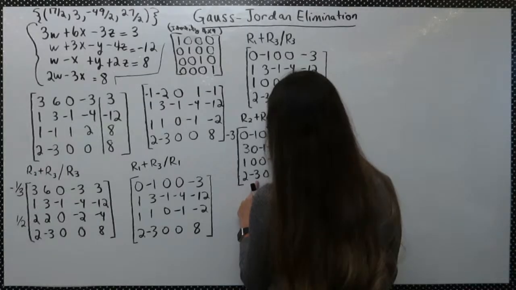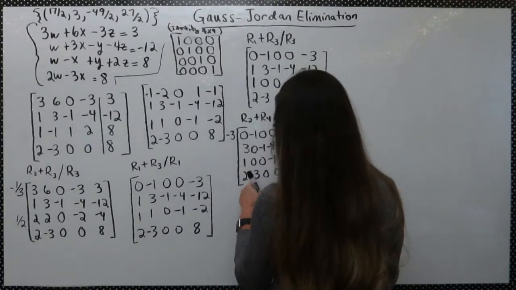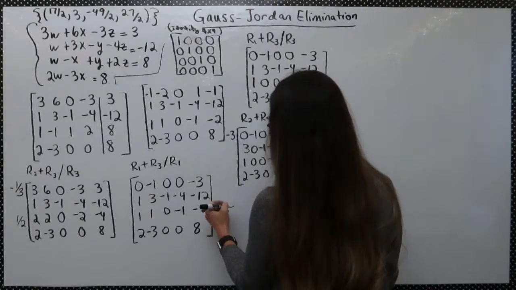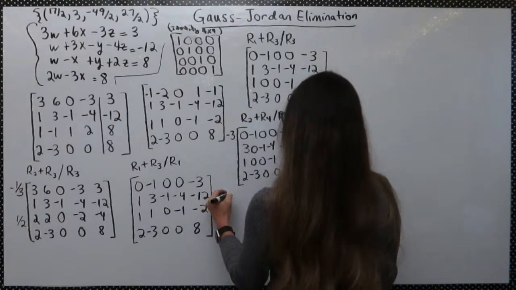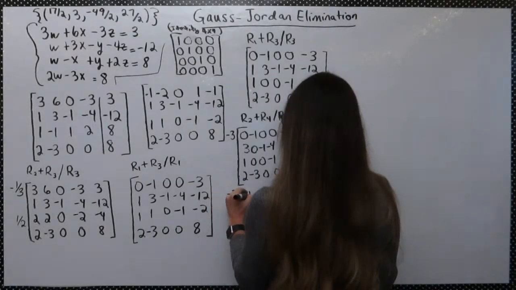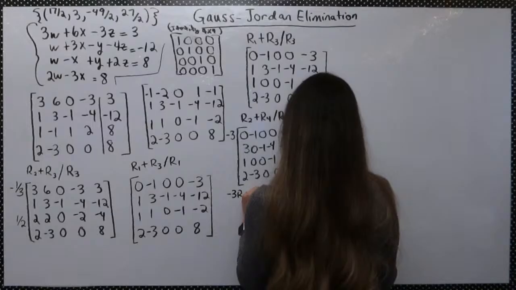And when I do that, I'll get 0, 0, 3, and then I'll have this one solved. So we're going to multiply -3 row 1 plus row 4, and we're going to replace row 4.